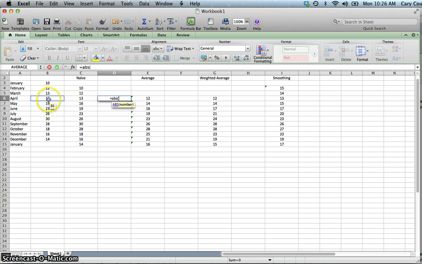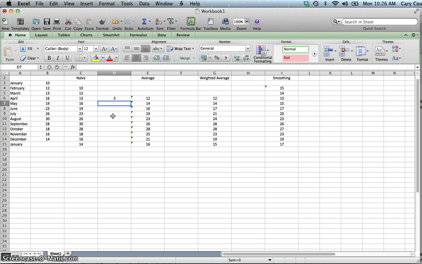And then we're going to simply take the actual minus the forecast. So the difference between the actual and the forecast, and then we're going to absolute that. When your forecast is bigger than your actual and you get a negative number, the absolute will change it to a positive number.